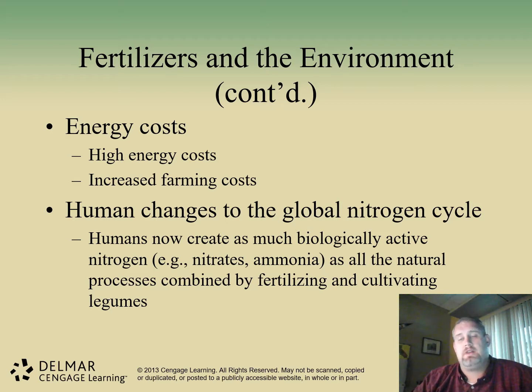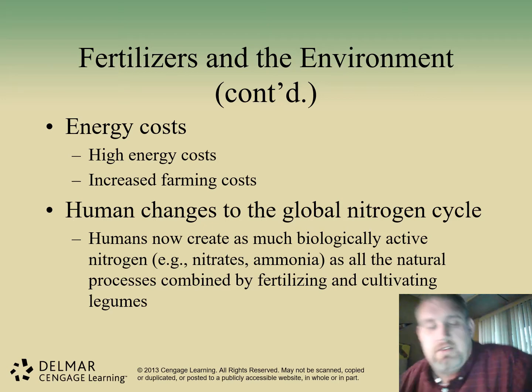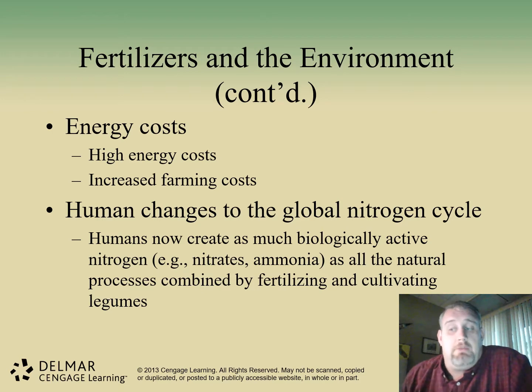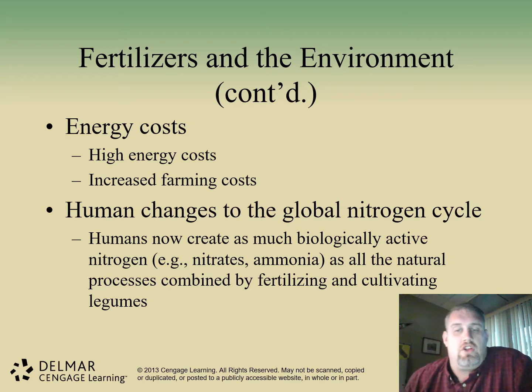And fertilizers can cause high energy costs to be produced and to be spread, and so manures and compost can be a good way to alleviate some of these higher costs. And then humans have changed the global nitrogen cycle by using petroleum-based fertilizers.